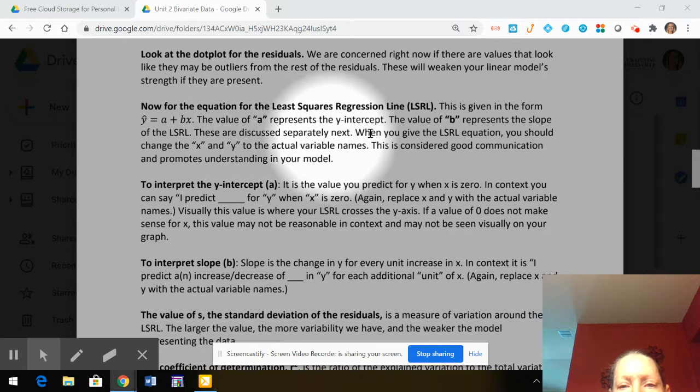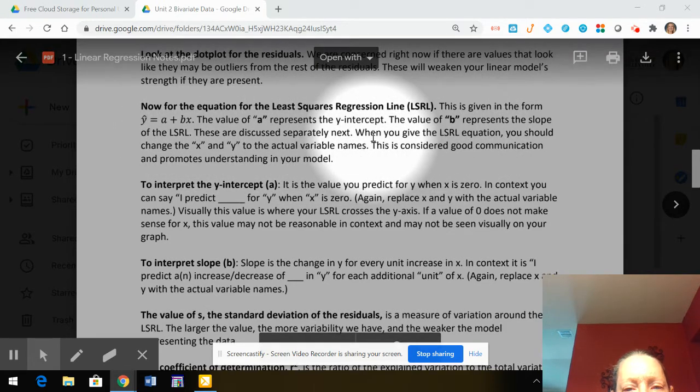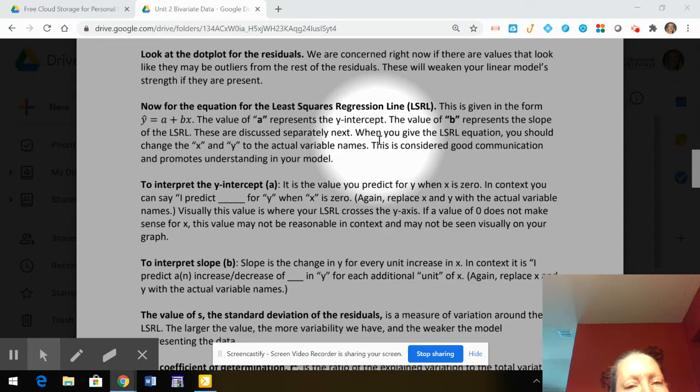All right, so let's talk about this least squares regression line. This is the line that most closely fits your data. When we look at scattered points and we make a line that models our data the best, we're trying to get a line where this regression line most closely fits the data that you've given me.